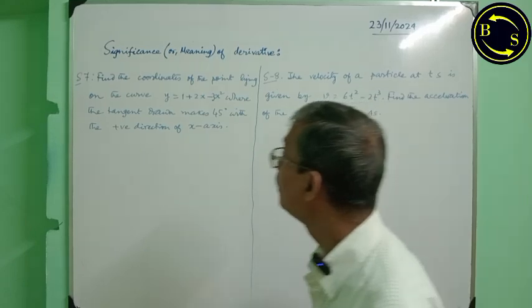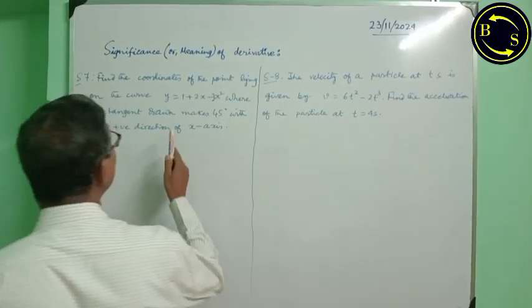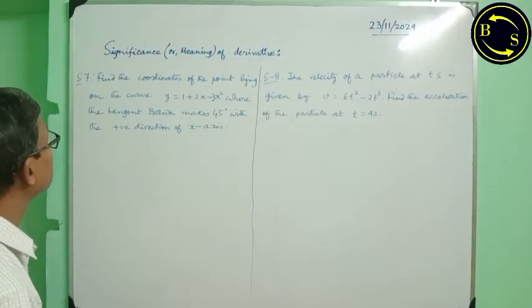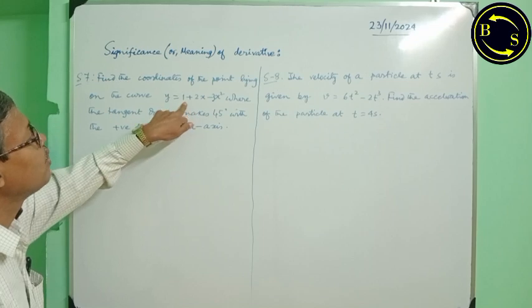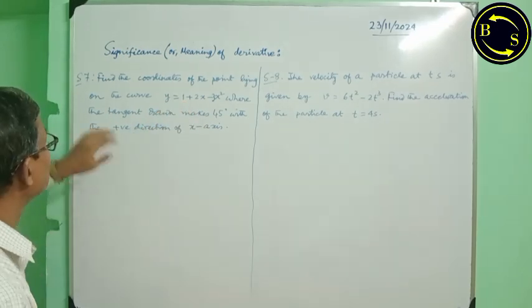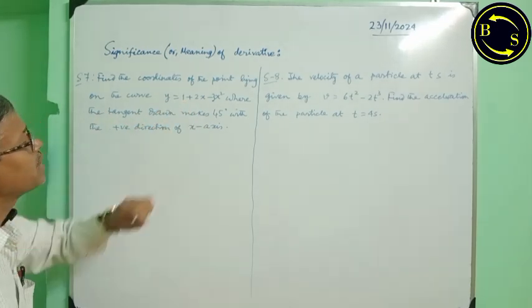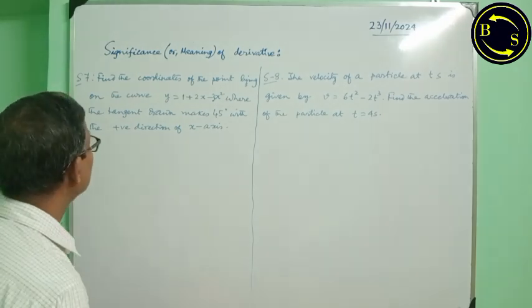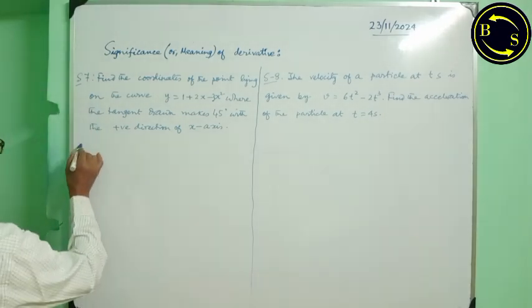Number 7, we have to find the coordinates of the point lying on this curve y equal to 1 plus 2x minus 3x square, where the tangent drawn makes 45-degree angle with the positive direction of x-axis.